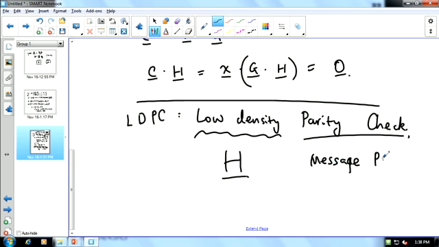If you are interested, you can look up online, and for graduate students, you usually have no trouble understanding the operation of message passing. It's an iterative algorithm, and for decoding, basically we use the structure of the H matrix, and we are essentially doing an iterative decoding procedure, and eventually we can get a performance that is very, very close to the channel limit. Okay, so that's the best code that we have so far.